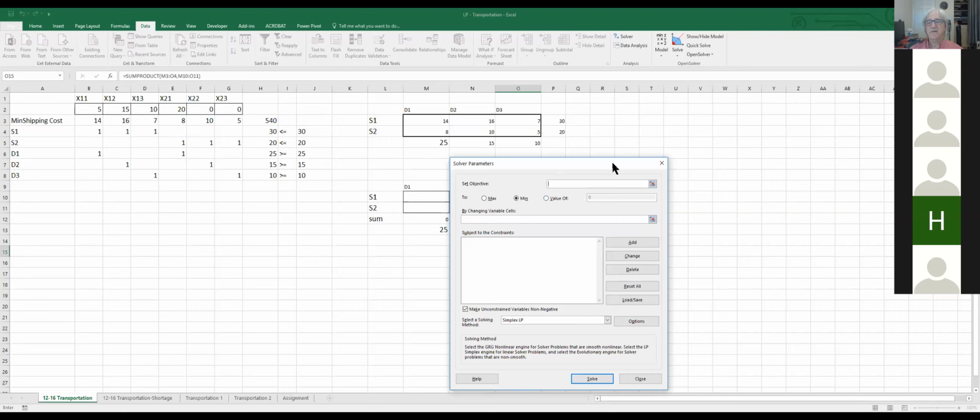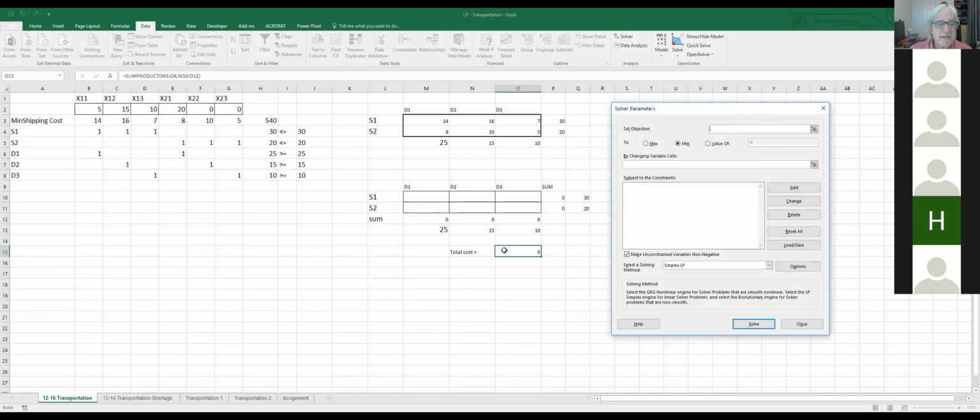The objective function is in cell, in this case, O14. This is where I placed it. Minimize. Variables. Now what I select: 1, 2, 3, 4, 5, 6. 6 variables. So variables do not have to be in one line. It can be a range of a matrix.